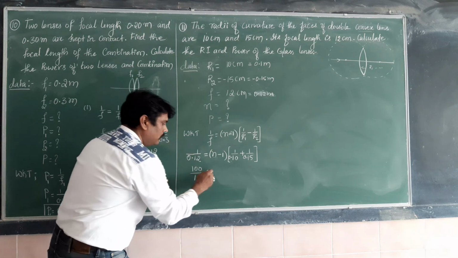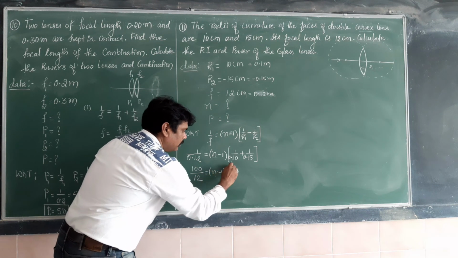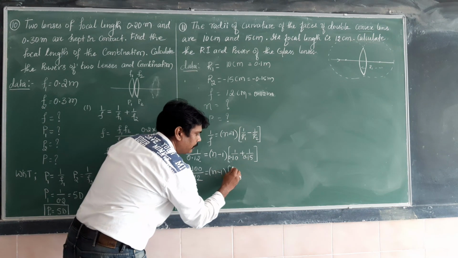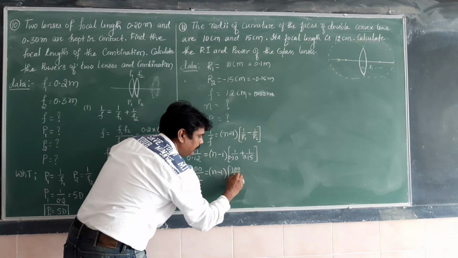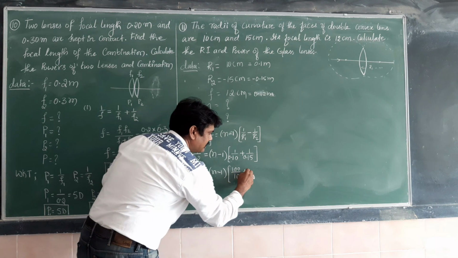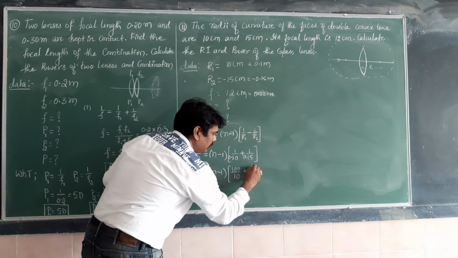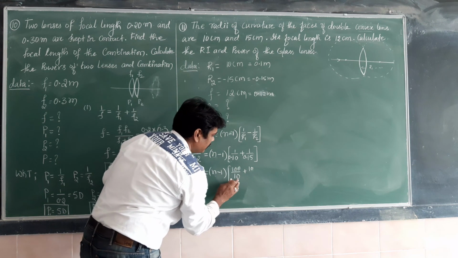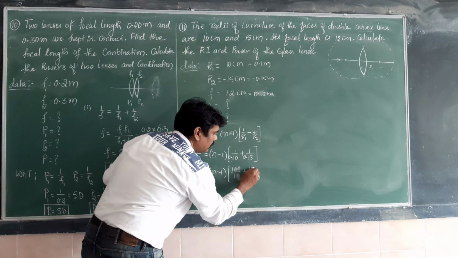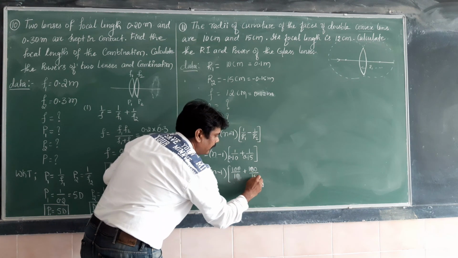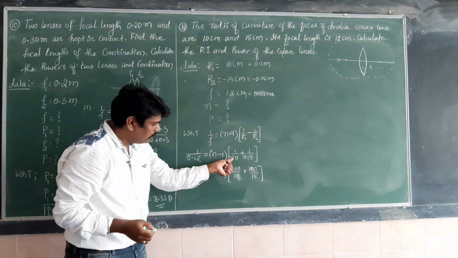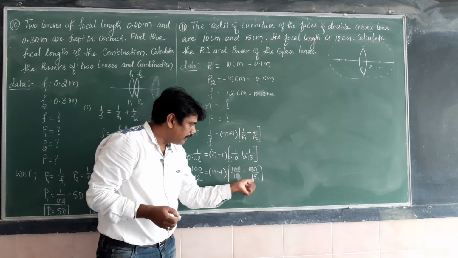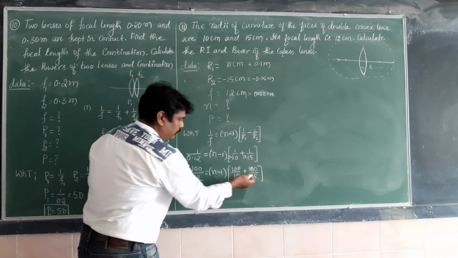It is equal to n minus 1 into, multiplying and dividing by 100, 100 divided by 10 plus 100 divided by 15, because we have to multiply by 100. So we will get it this way.